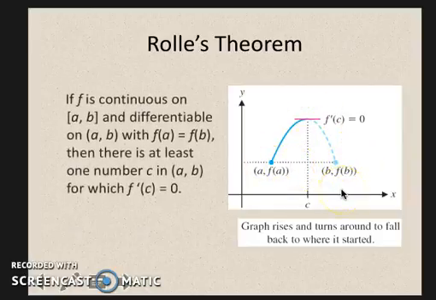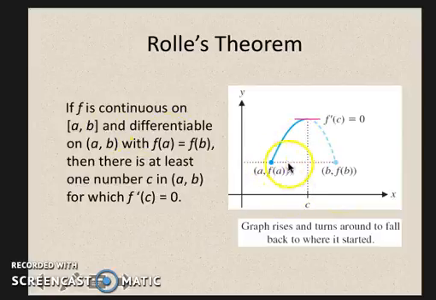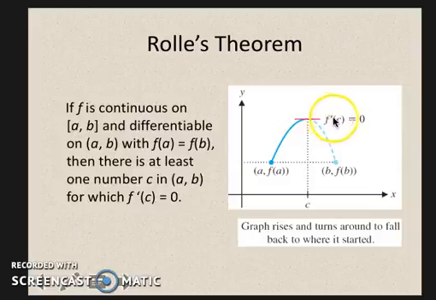So Rolle's theorem says that if f is continuous on the closed interval and differentiable on the open interval (a, b) with f(a) equals f(b), then there is at least one point where the derivative of the function is 0, or the tangent line is a horizontal line, or the slope of the tangent line at that point is 0.